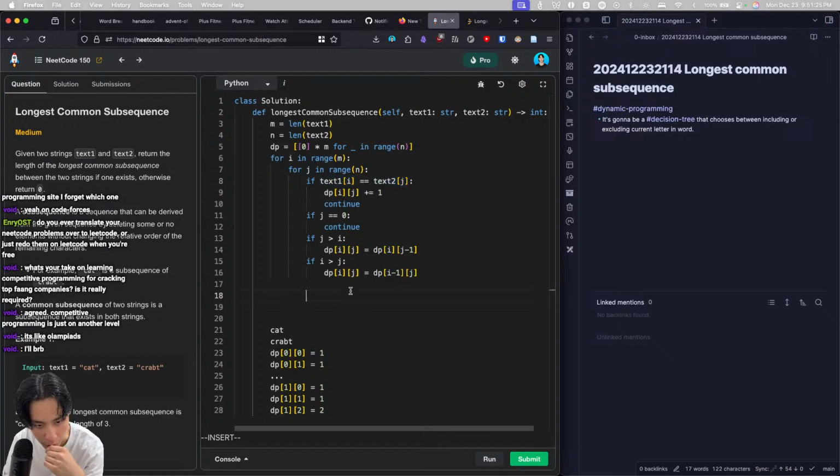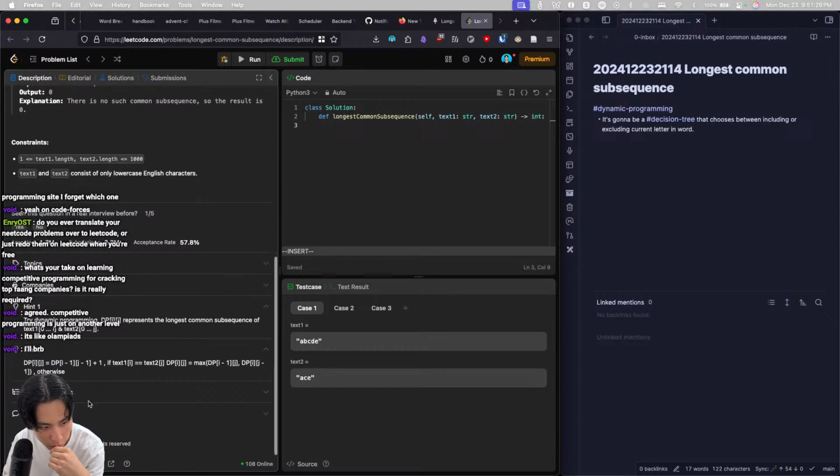I don't think this is the right way. There's another part of this I'm missing, so I'm going to quickly check this hint too.